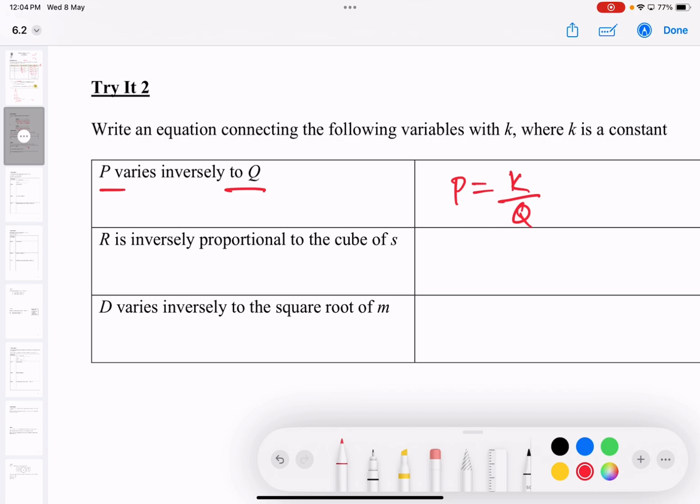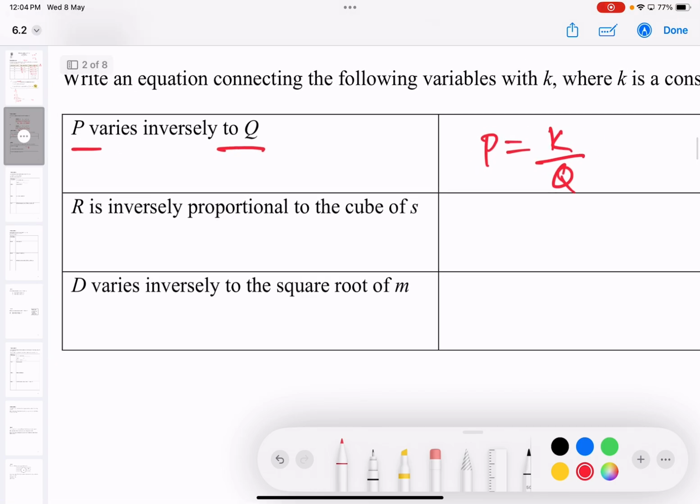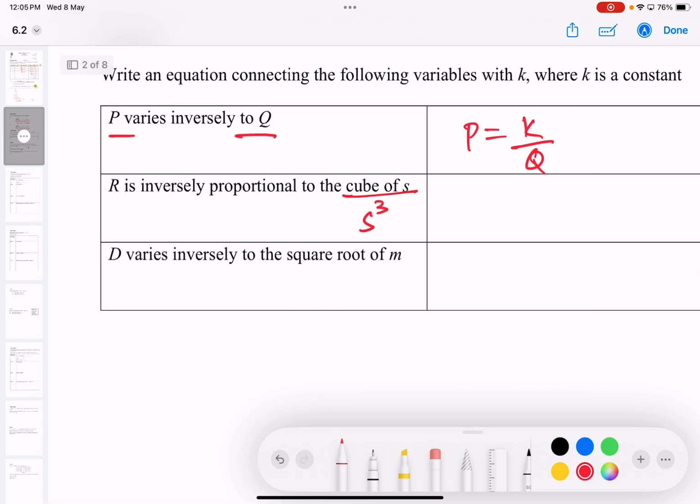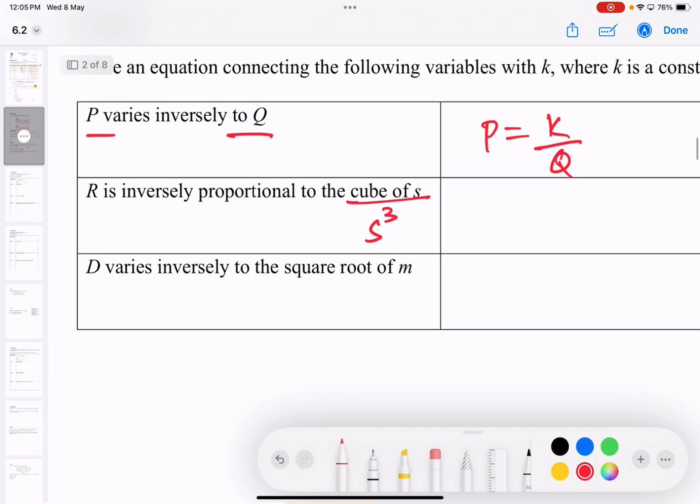R is inversely proportional to the cube of S. Cube of S is just S cubed. Don't confuse it with cube root. It is the cube of S. So how are we going to write this into a mathematical equation? Let's find Danish to help us out. Follow the pattern.